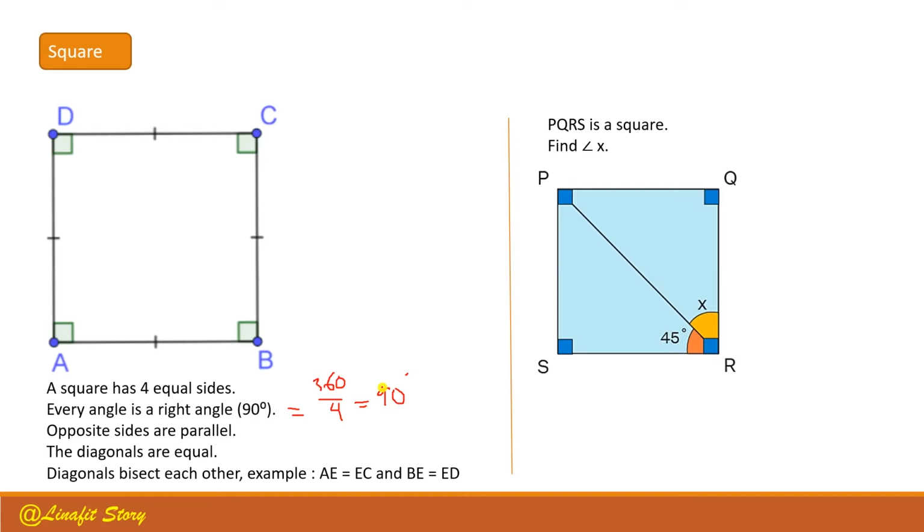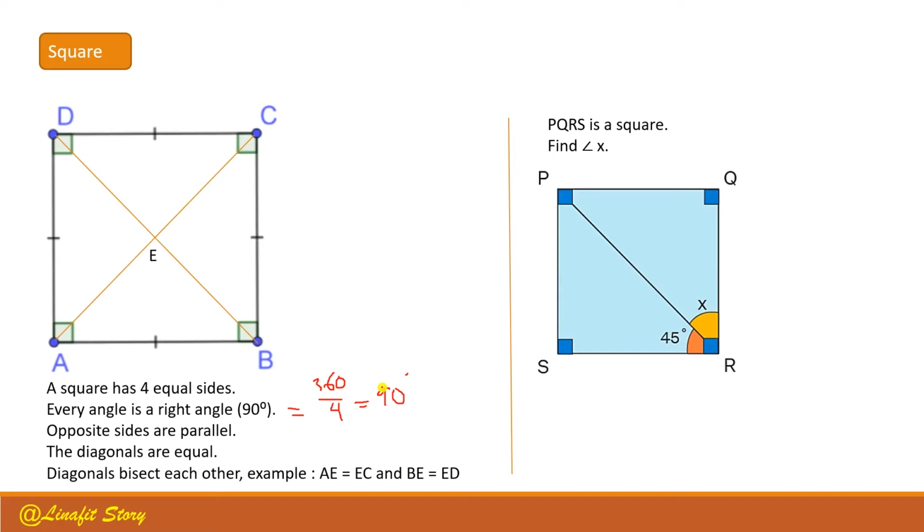The diagonals bisect each other. Example: this is diagonal AC and BD. And then E is the point of intersection. So AE is equal to BE and BE is equal to EC.